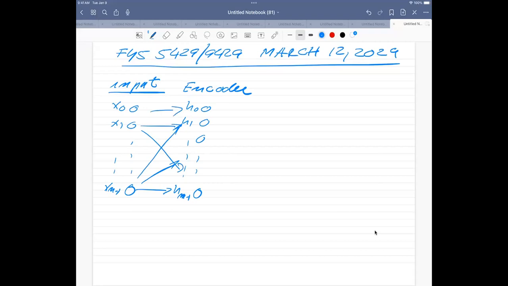Then there is a second part here, which is often called the code part. So you do some operations in here. And then there is a decoder part. And we are going to label that one with a specific function, which we just call a function g here.